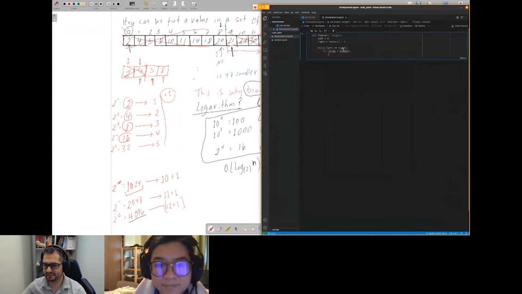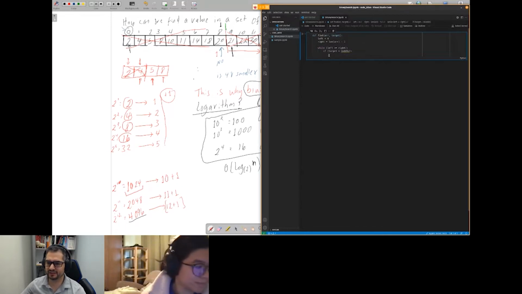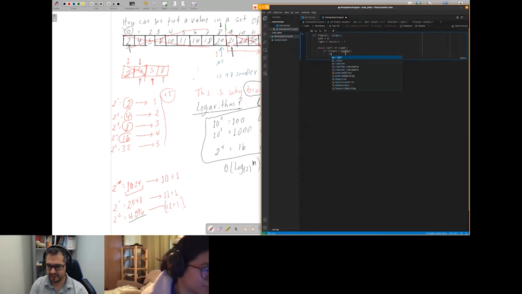And the target, if that is the case, I am going to move my right pointer to the right of what left is pointing to. So I'm going to say the right pointer is going to be the left minus 1.